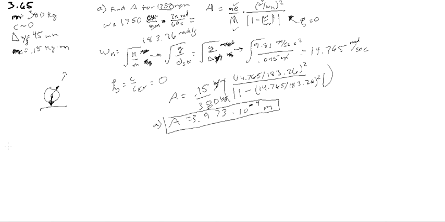Alright, now for part B. B is asking for the force transmitted to the ground at the same frequency. This should be pretty easy. We'll just use the transmission ratio.